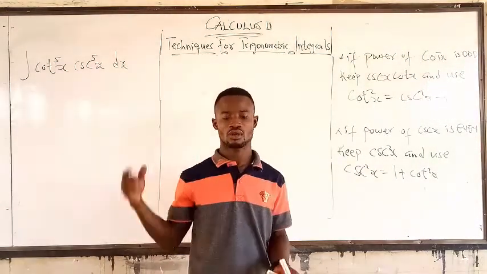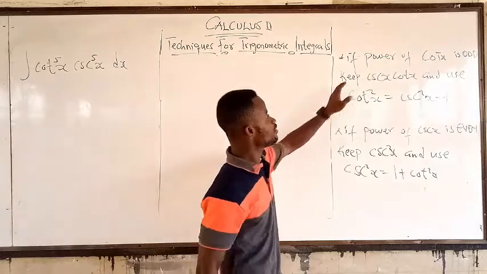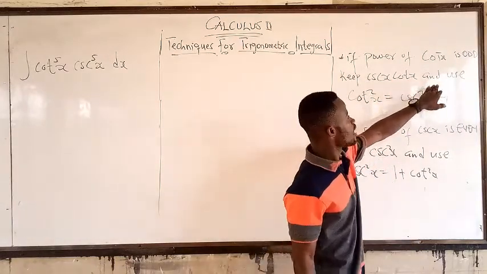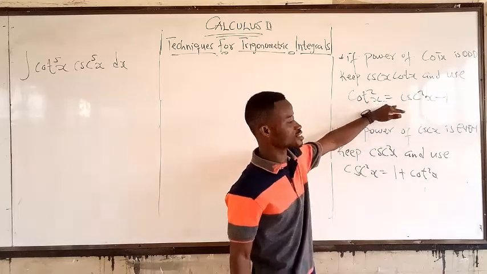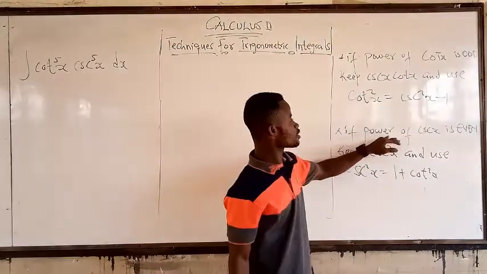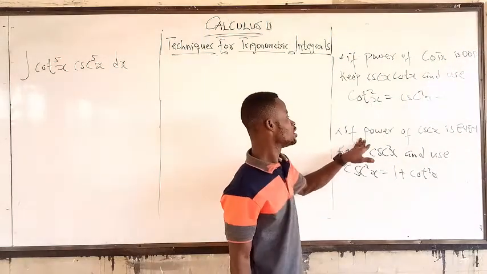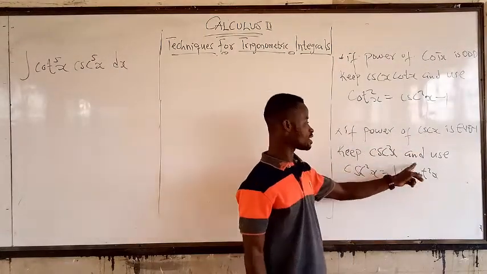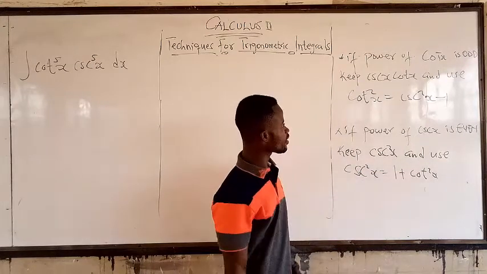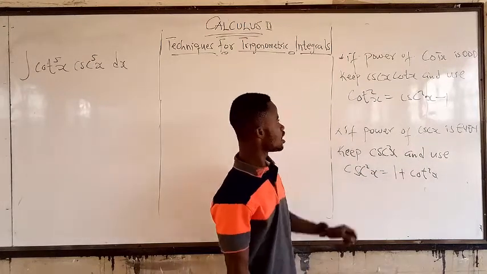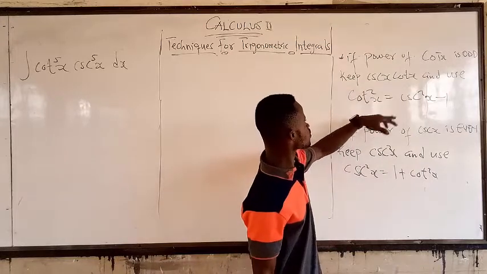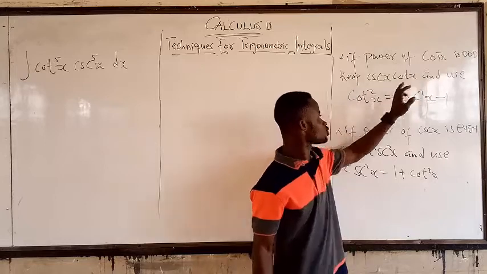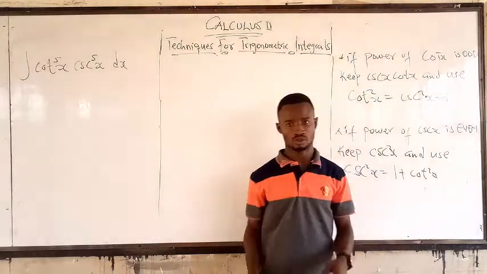Alright, what if we have something like this? If the power of cot is odd, keep this and use this, so that's the particular identity. If the power of cosec is even, you keep that and use this particular identity for this.